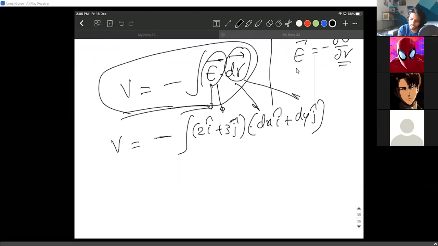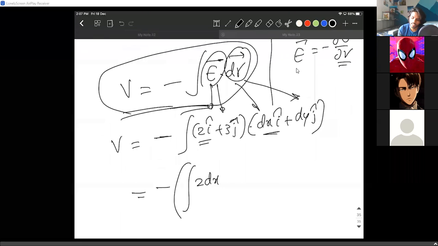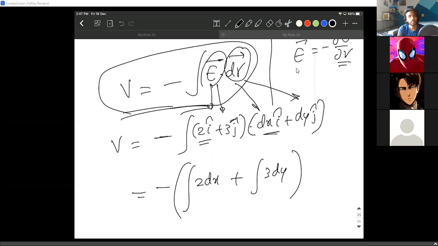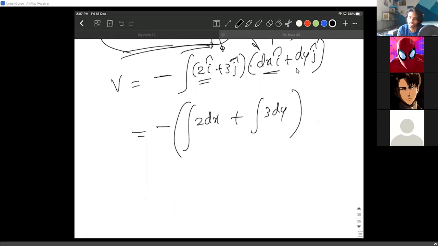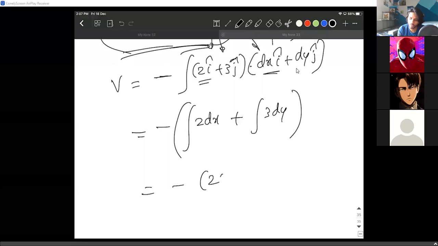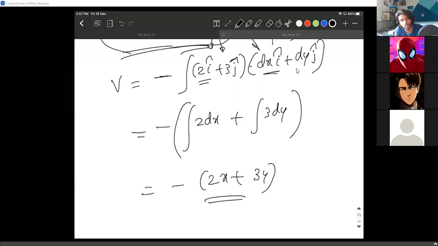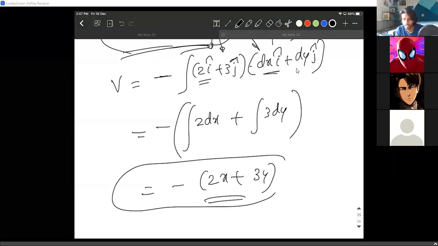I wrote the vector as dx i plus dy j. So when we do this, the minus remains like this. I dot i only, you will get integral 2dx plus integral 3dy. That's all. Integral 2dx plus integral 3dy. If you integrate it, you will simply get minus 2x plus 3y. So this is the potential equation.